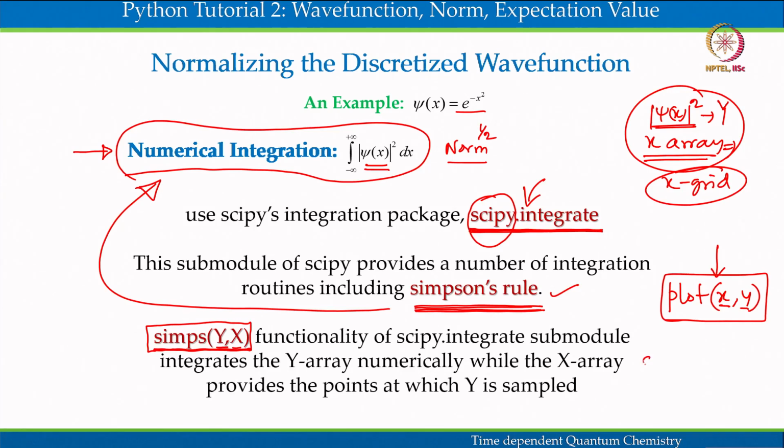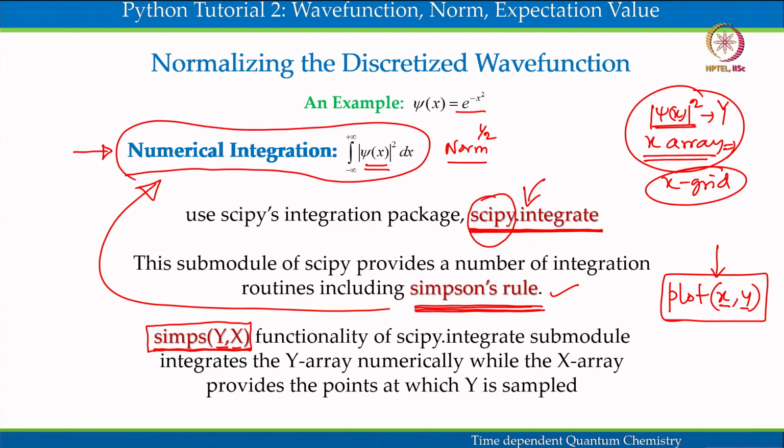or do not write it like simps(x, y). Don't write it this way. This is just something we may do wrong in the coding.